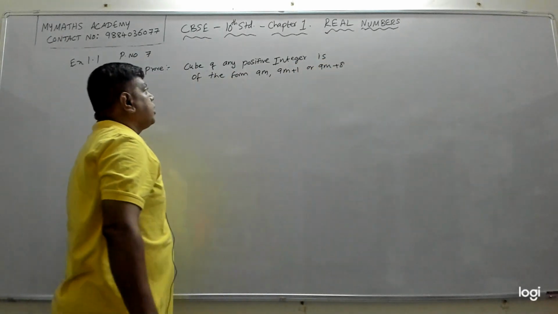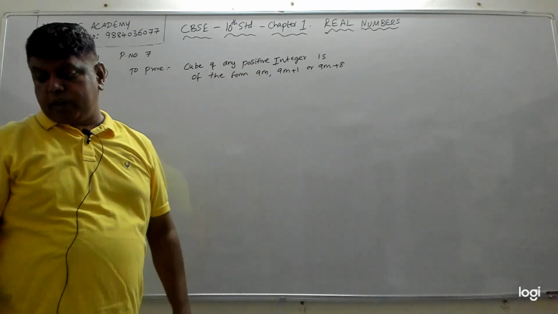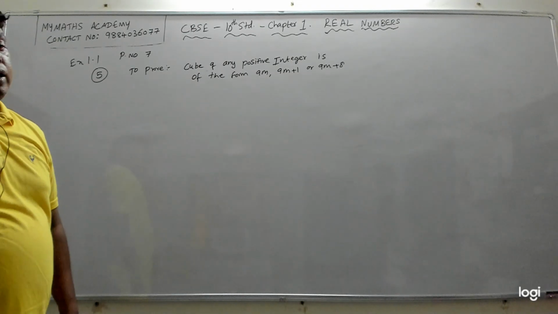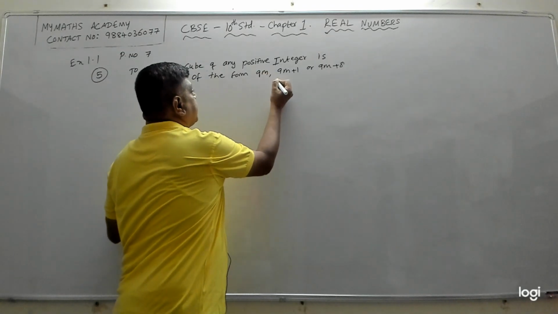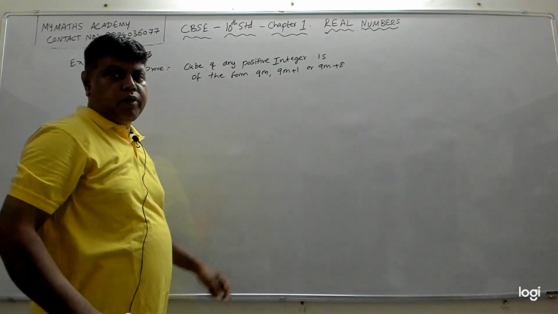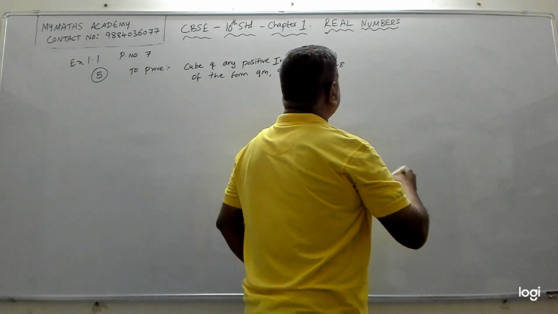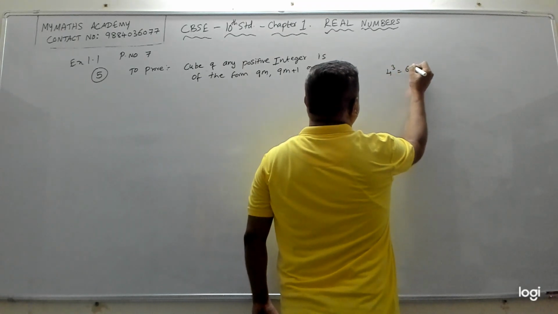So what we have to prove is that the cube of any positive integer is of the form 9m or 9m plus 1 or 9m plus 8. So we have to show this. Suppose we take any positive integer, let's take 4 cube. 4 cube is 64.